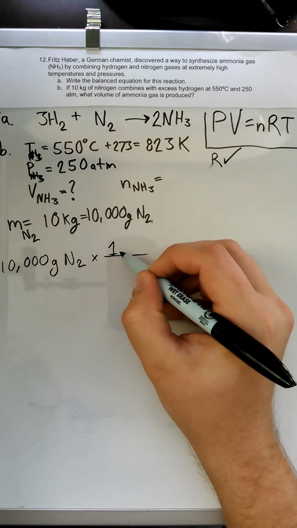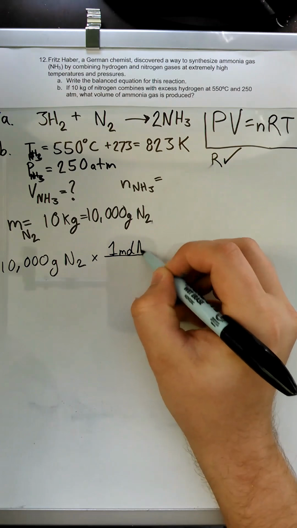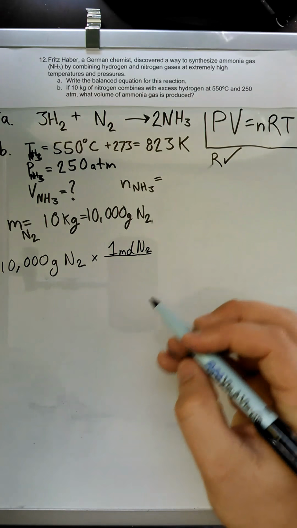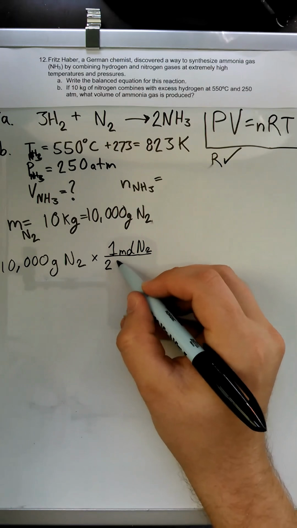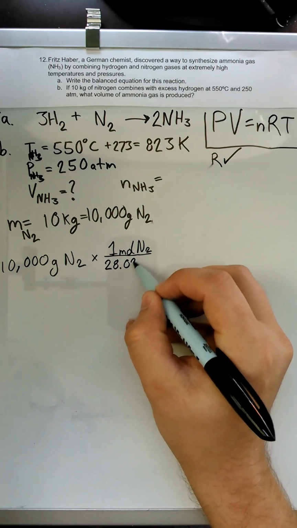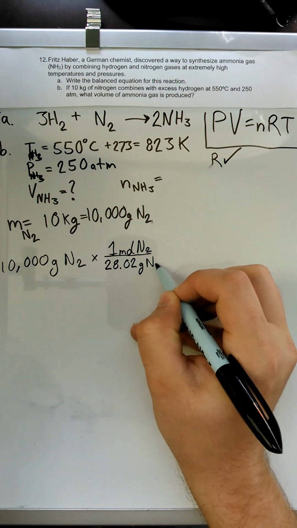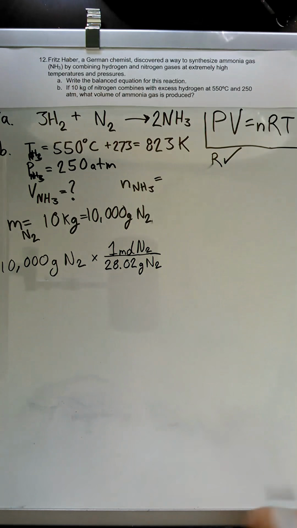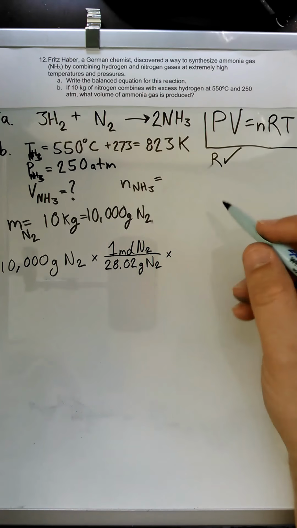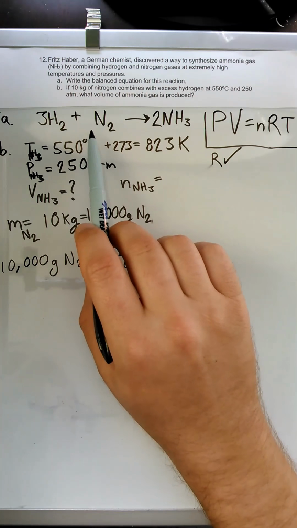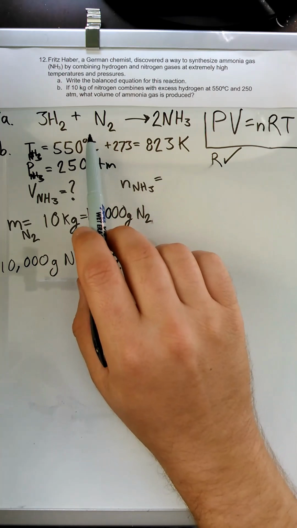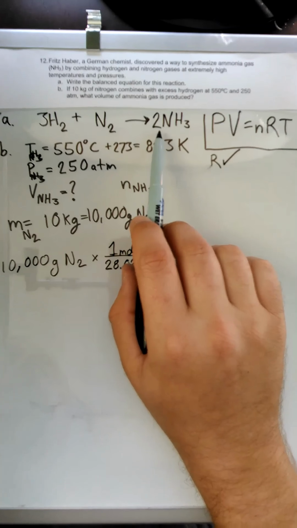Notice it's diatomic nitrogen, so we double the 14.01 to get 28.02 grams of nitrogen as our molar mass. Now we take this value and we multiply it by the mole ratio from the balanced chemical equation, and we can see for every 1 mole of nitrogen consumed, we're producing 2 moles of ammonia.